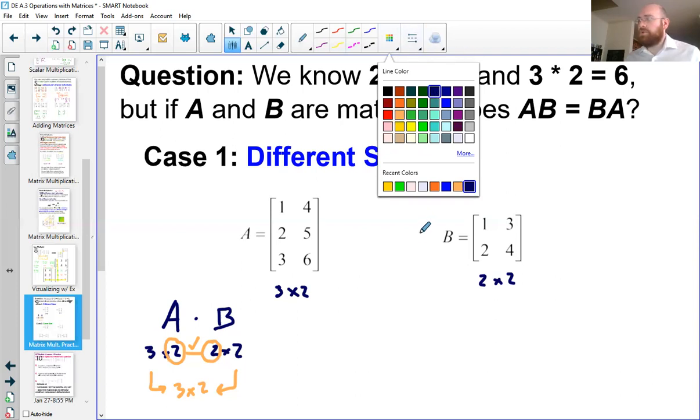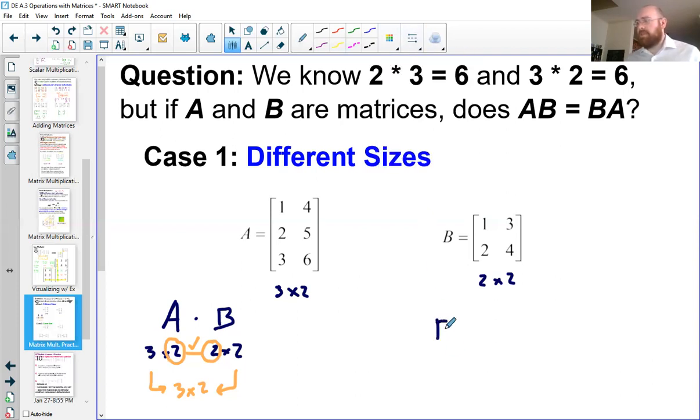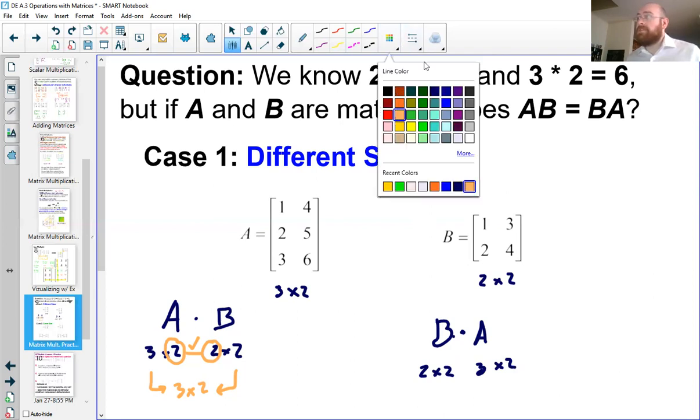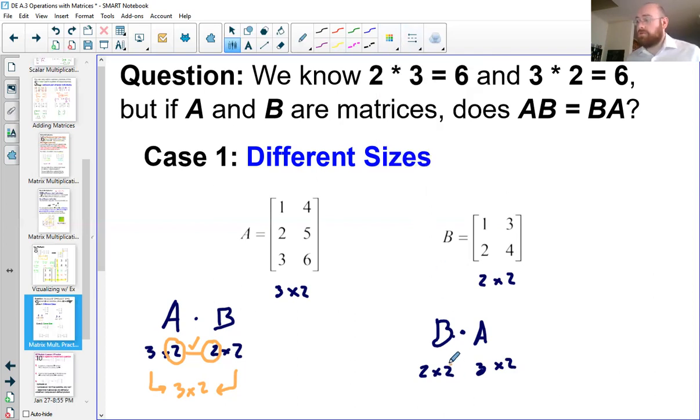Now let's consider what would happen if we have B times A. B is still a 2 by 2 matrix. A is still a 3 by 2 matrix. But because we've changed the order, our middle numbers do not match.